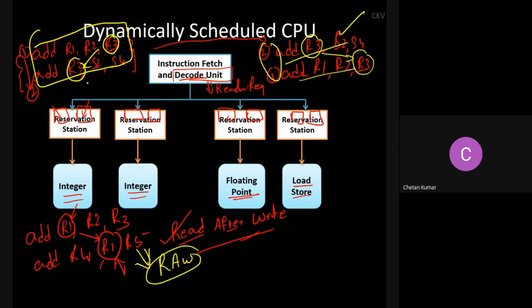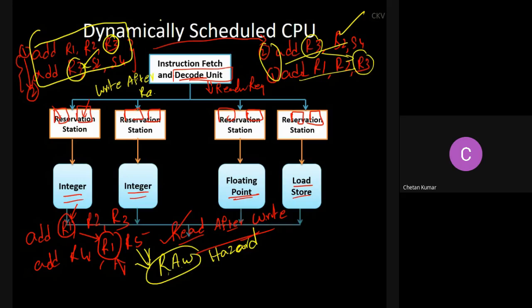So what is the problem? Just like you have a RAW dependency, we call it a RAW hazard. So here, can you tell me what kind of hazard this is? This kind of hazard we call write after read, because you are supposed to use R3 first.